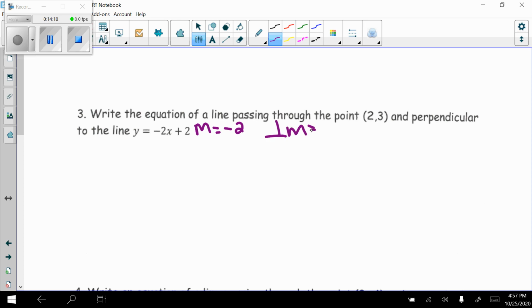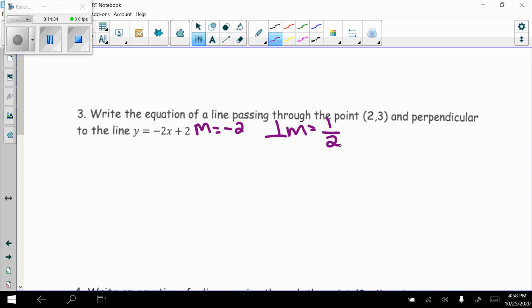So let's recall from a couple of days ago, perpendicular lines have what kind of slope? Negative reciprocal. So that means I flip it and change the sign. So if I take negative 2 and I flip it, I get 1/2. Change the sign from negative to positive. So my perpendicular slope is positive 1/2.